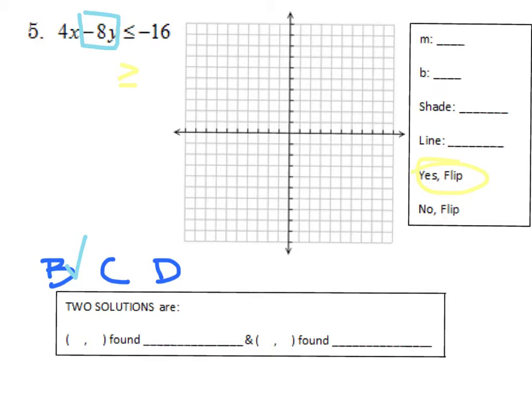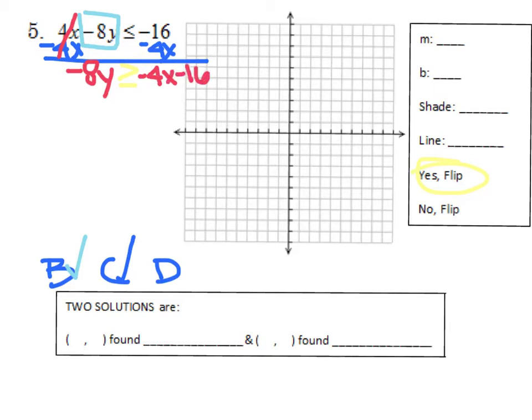Alright? So notice I have something next to this box to cancel, which is the 4x. So let me cancel it by making it minus 4x. Okay? So we get, cancel what's beside our box, negative 8y is greater than or equal to negative 4x minus 16. Notice I just bring them both down because they're not like terms.